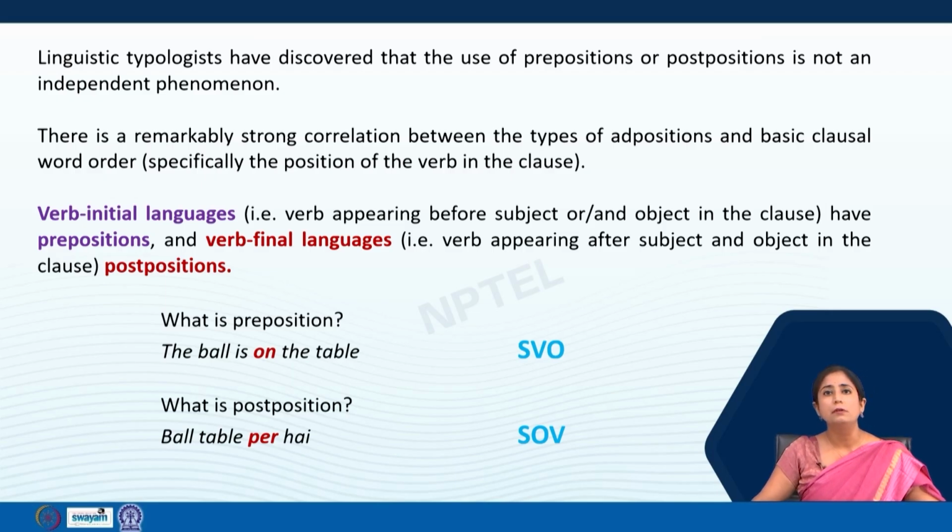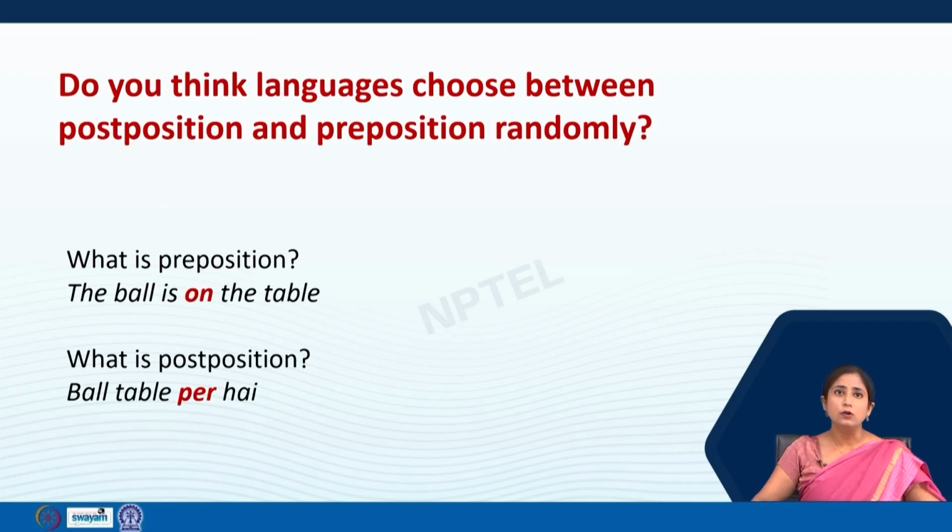This has to do a lot with the word order. So when we talk about on or par, these are actually prepositions and postpositions. So this on is called a preposition because it is coming before the table, and this par is called a postposition because it is coming after the table.